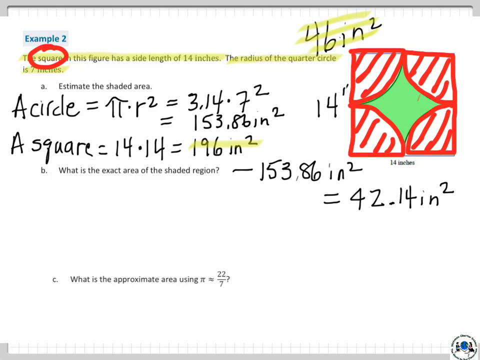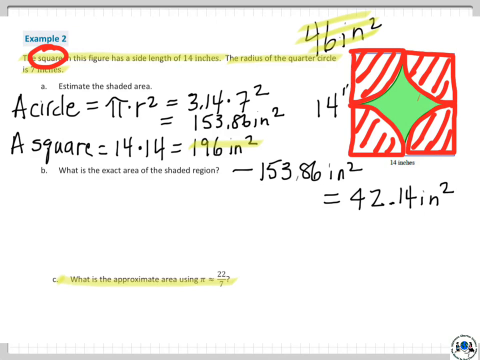I'm sure you'll see more of these in your problem sets to work on and get enough practice with. I didn't do this one here, but down here it says, what is the approximate area using pi as 22/7? I think what they want you to do is use fractional values, so we don't lose our skill in doing that.